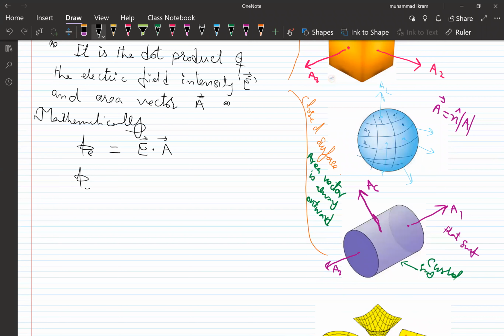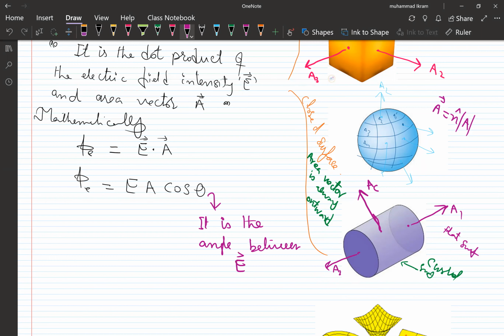Moreover, we can write electric flux as E A cos theta. Now, what is this theta? It is the angle between the electric field intensity and the area vector A, right?